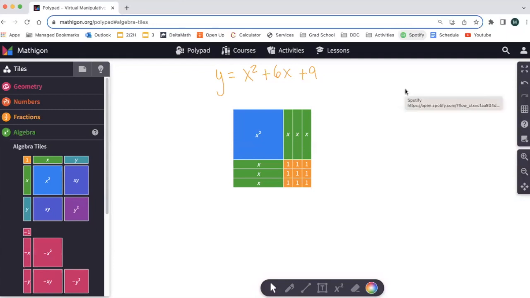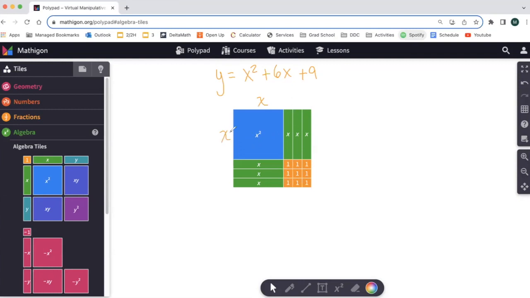Now that we have the algebra tiles all rearranged into our square, we can see that the side lengths are the same. We can see that this x squared was only received and gotten by getting an x times an x, similar to a Punnett square in biology. Since we have an x squared with that x and x, that starts to give us a feeder into our other pieces.